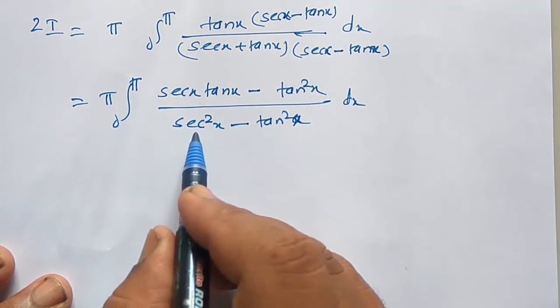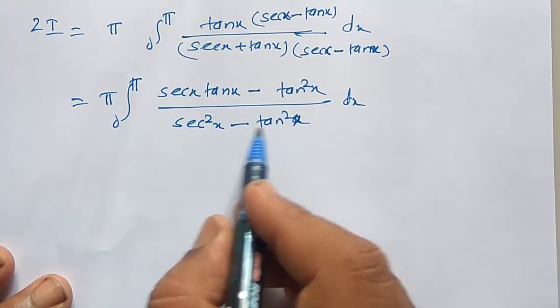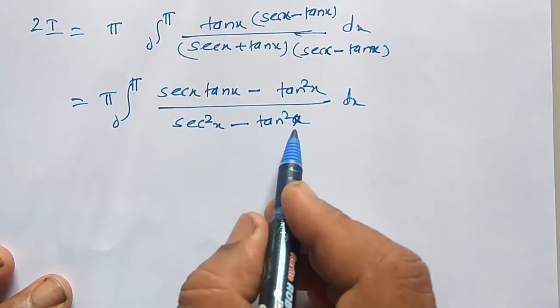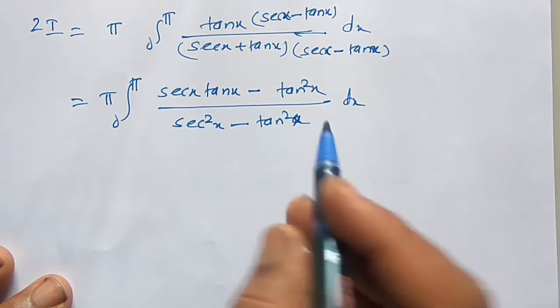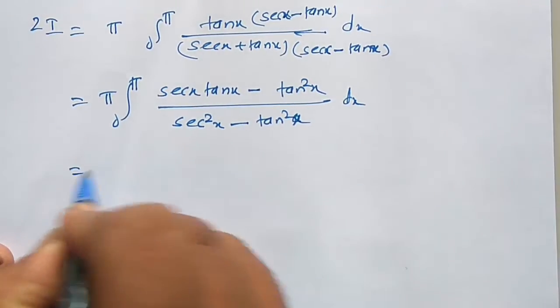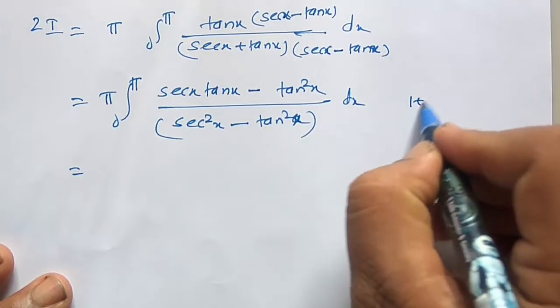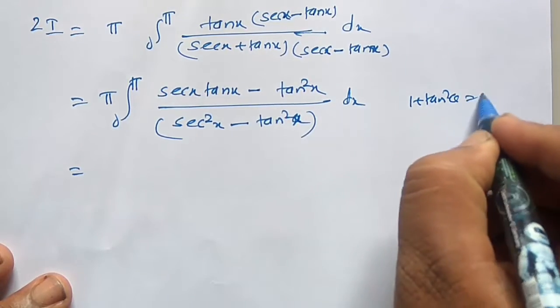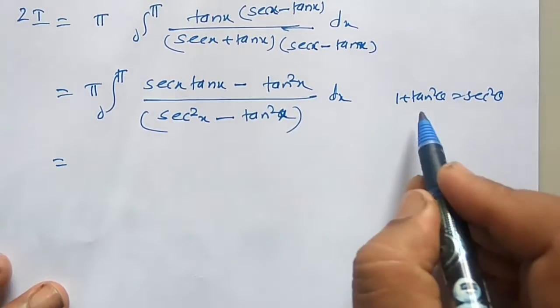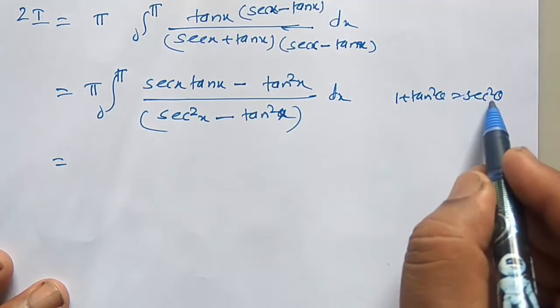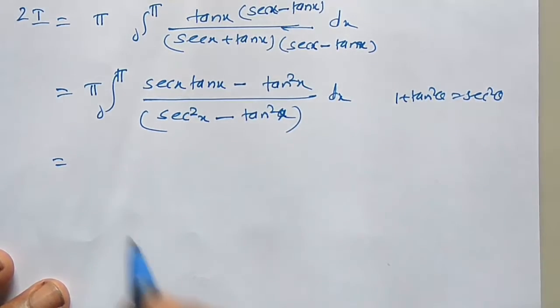We know that sec square theta minus tan square theta is equal to 1, and therefore this is 1. By the identity 1 plus tan square theta is equal to sec square theta, therefore 1 is equal to sec square theta minus tan square theta.